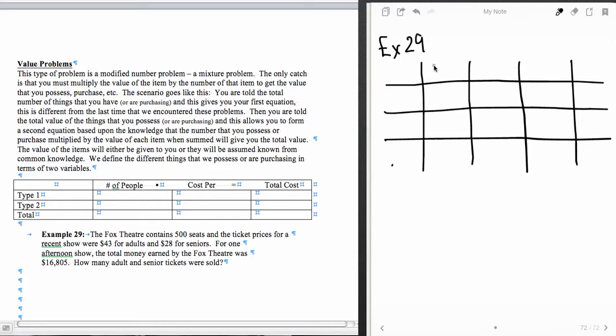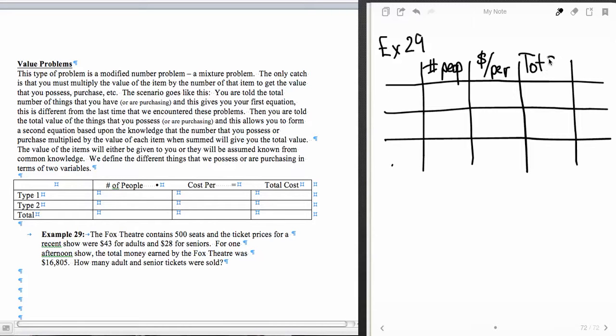So what we have here is a number of people, right? So number of people, and I'm just going to abbreviate that. And then we have the dollars per person. And then we have a total value, right?